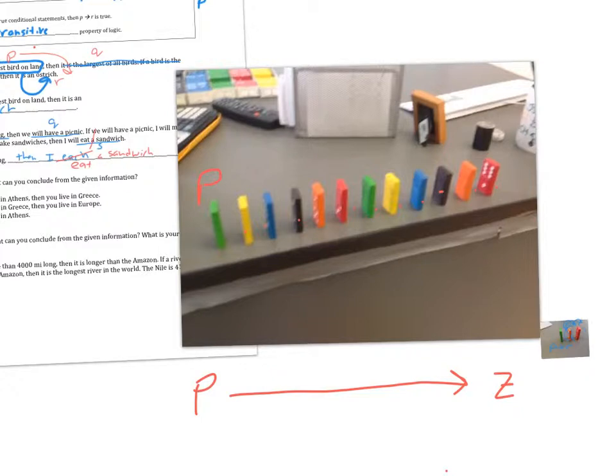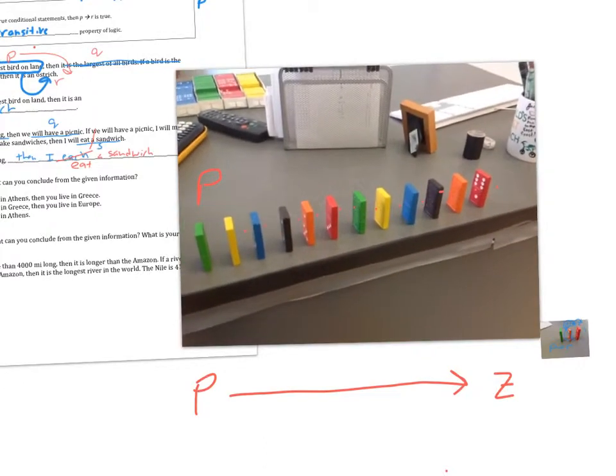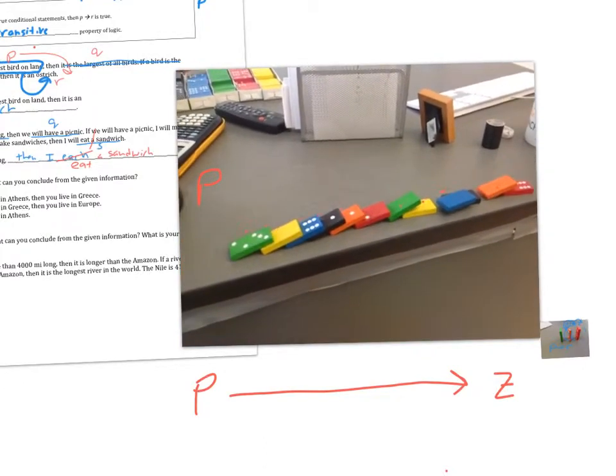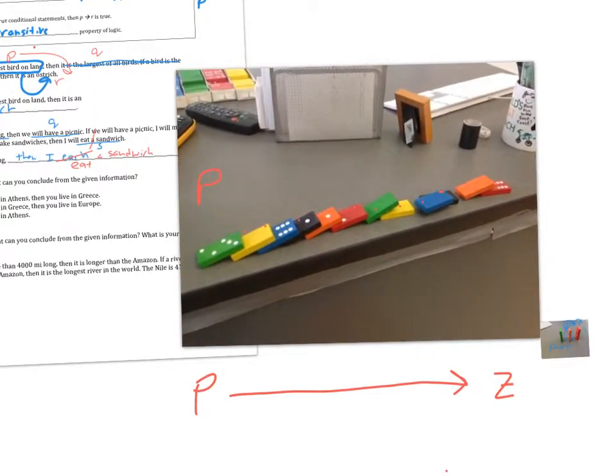That's the setup. It's still theoretical. If P, then Z. Now, when I put the law of detachment in there as well, this is what happens. Then I actually knock down P, boom, goes all the way to Z.